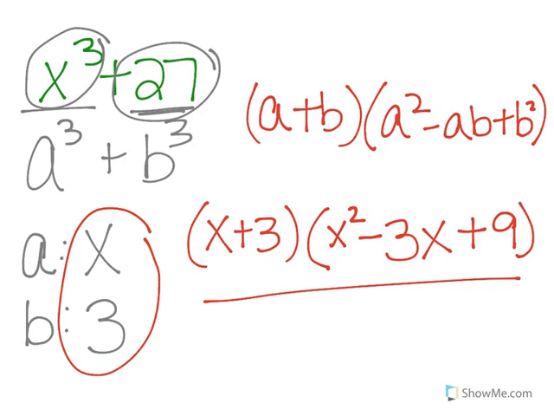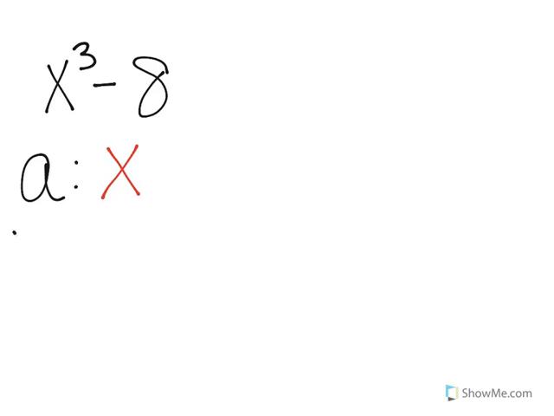All right, let's look at another one. x to the third minus 8. So this is the value of a cubed, this is the value of b cubed. They are both perfect cubes. For a, you take the cube root and you get x. And then you have b. You take the cube root of 8, and you get 2.